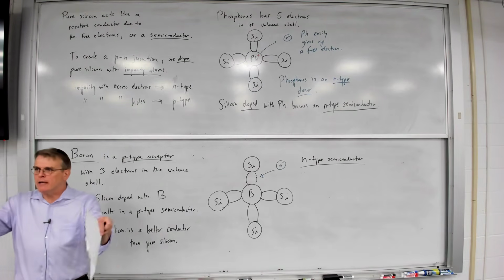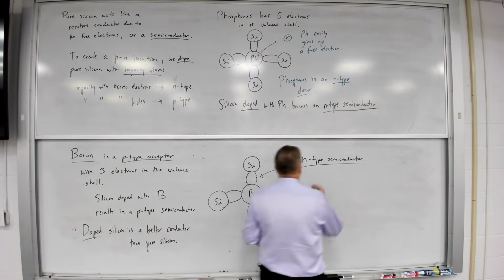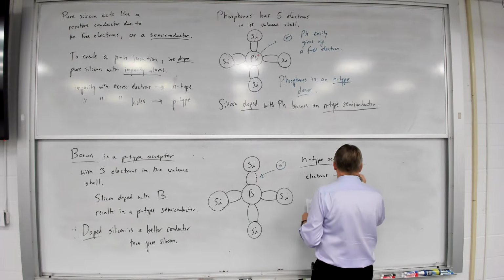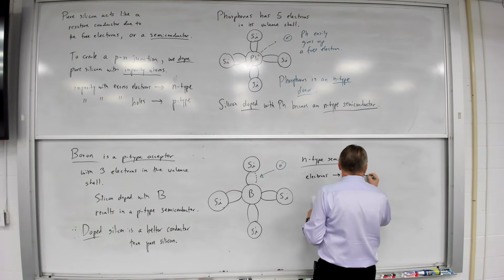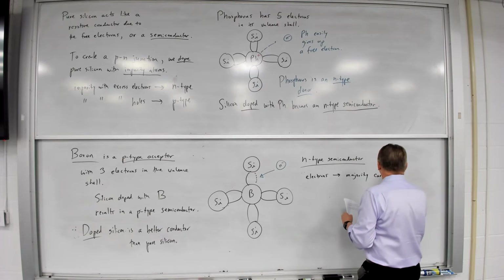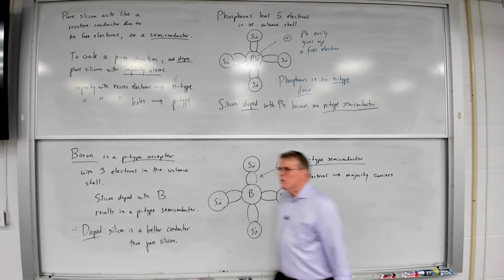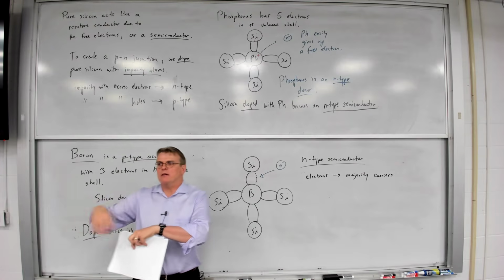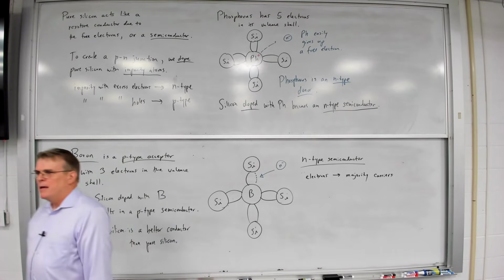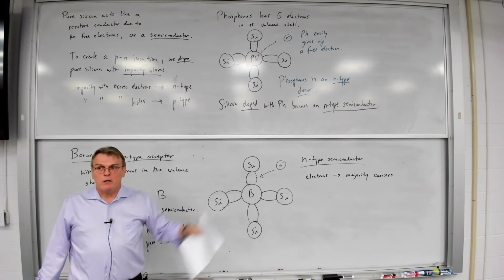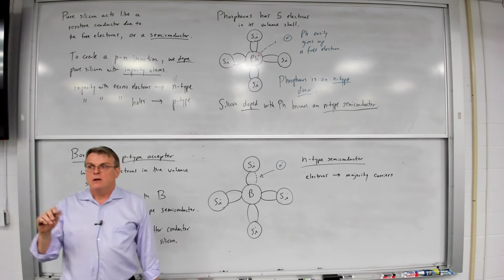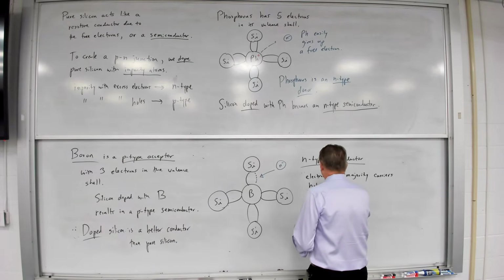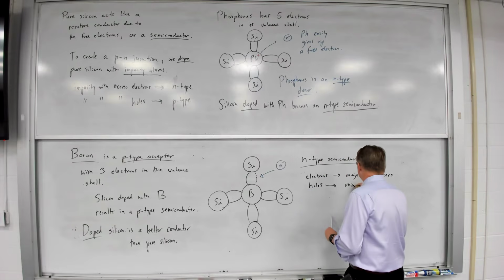The majority of current carriers are electrons. But that doesn't mean there aren't any holes. You're still going to have silicon atoms that are giving up their electrons from time to time. And so even though the overwhelming majority of current carriers are electrons, you will still see a few holes, even in an N-type semiconductor material. And we therefore say that the holes are minority carriers.